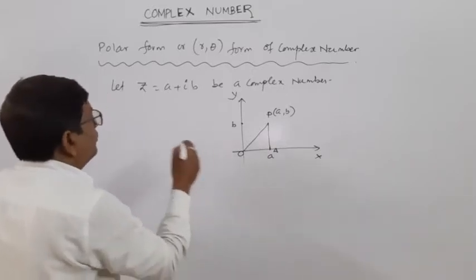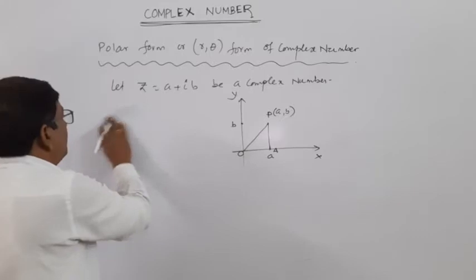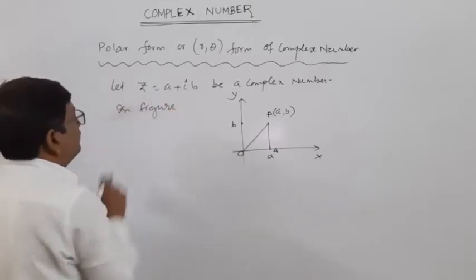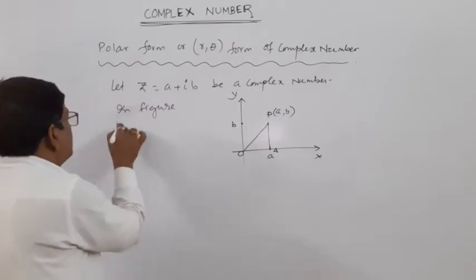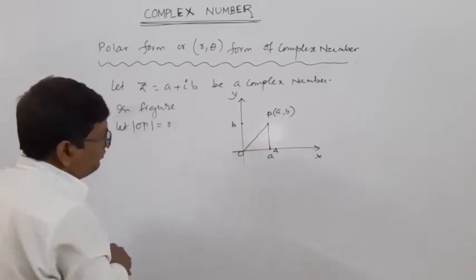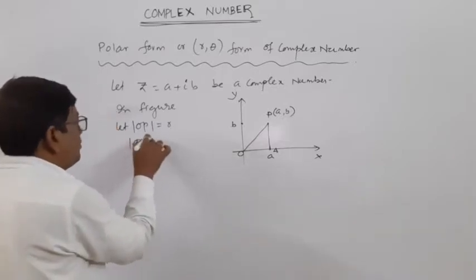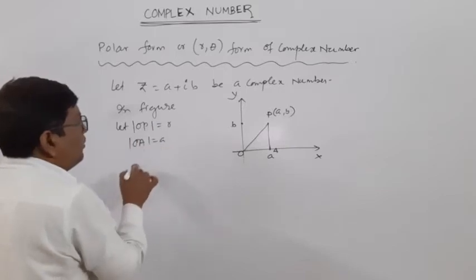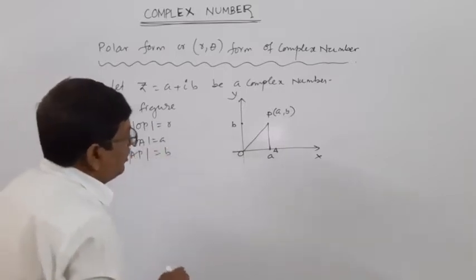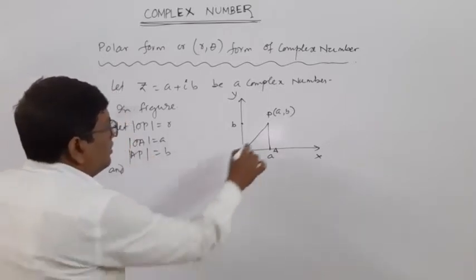Let, from figure, OP distance is equal to R, OA distance is equal to A, AP distance is equal to B, and this is theta.